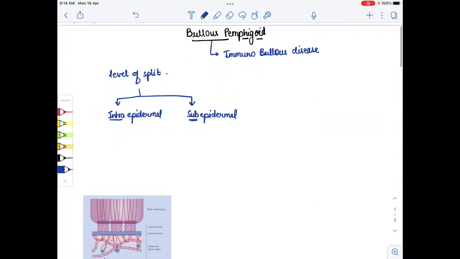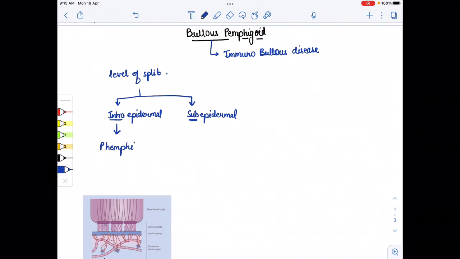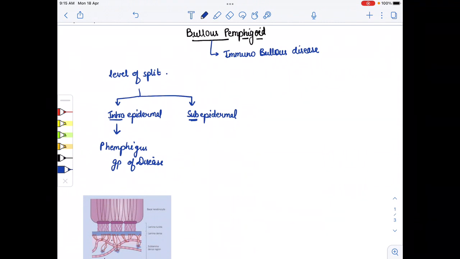So intraepidermal, which we already discussed, is the pemphigus group of diseases. While in the subepidermal we have two types.